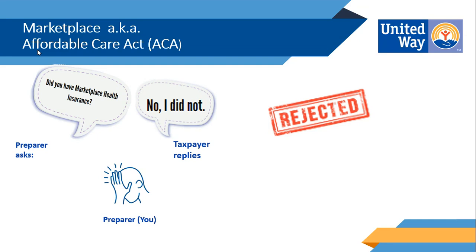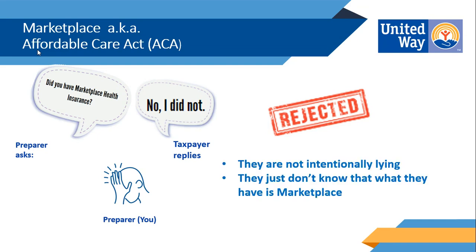The reason why this happens, and this is like the number one reject nationwide, is people have Marketplace, but they're telling the computer that they don't. And here's why. They're not intentionally lying. They don't know that the health insurance that they have is actually Marketplace health insurance.